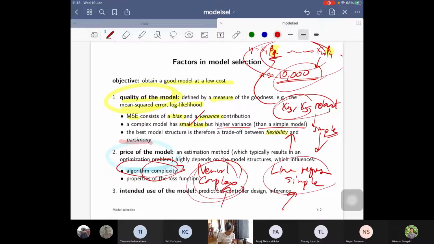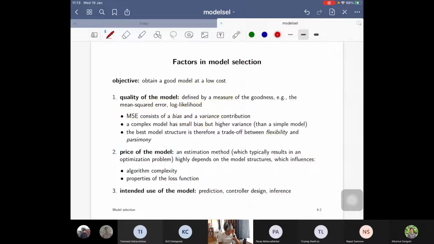And the last aspect is, once you have the model, what would be the intention or the usage. Different purposes of using the model also lead to different implementations and different computation processes, and that brings you back to think about the model structure again.